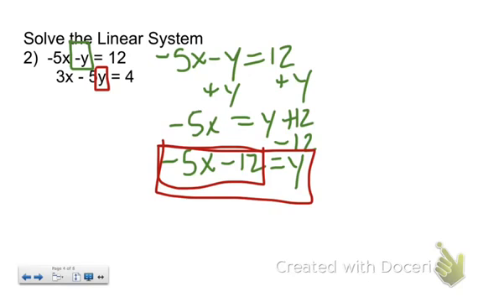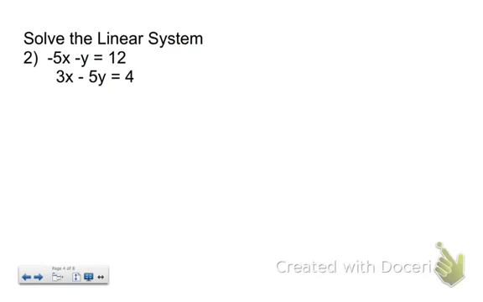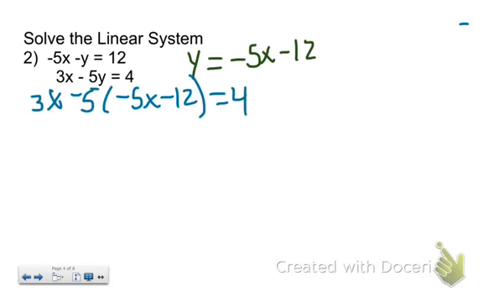So over here, 3x minus 5 times negative 5x minus 12 equals 4.